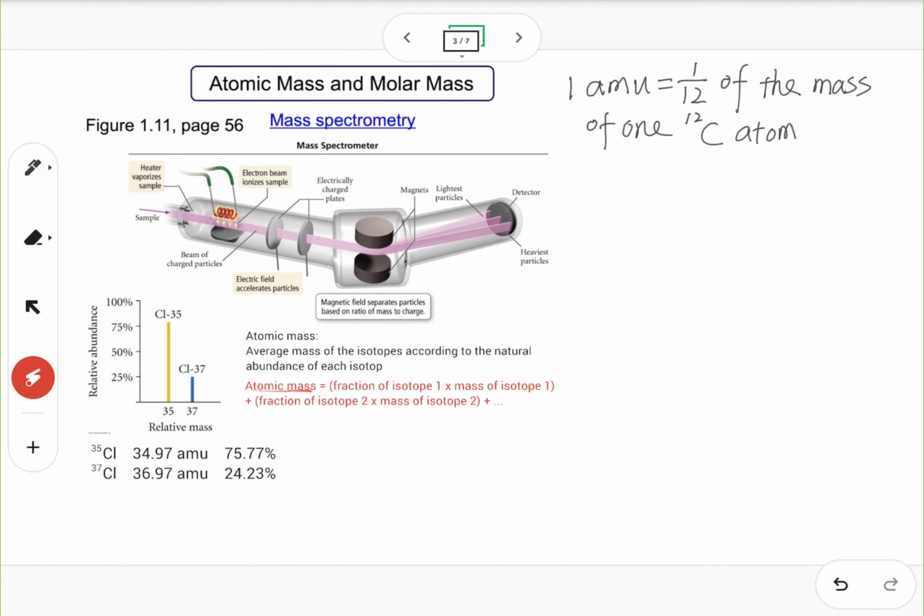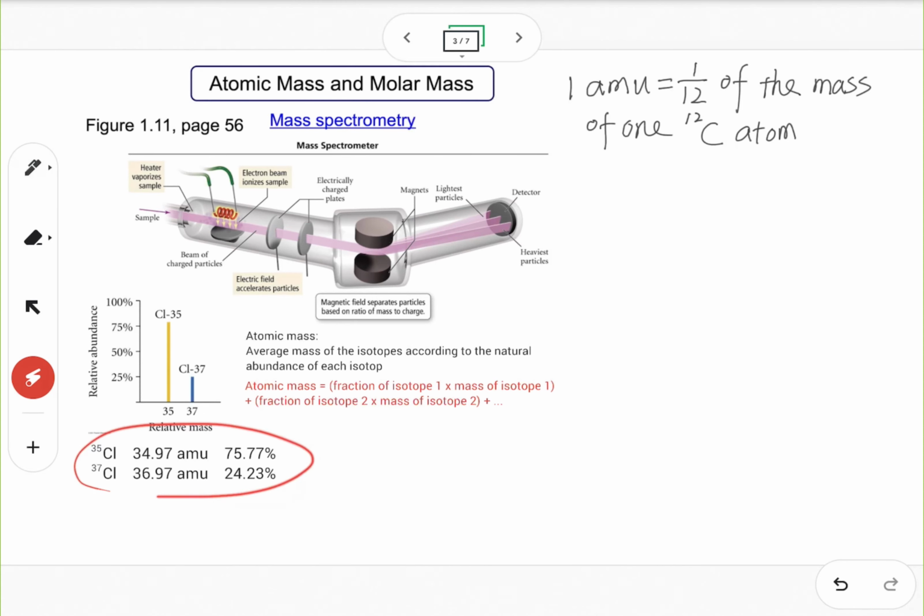Atomic mass for an element equals the fraction of isotope 1, meaning the natural abundance of isotope 1, times the mass of isotope 1, plus the fraction or natural abundance of isotope 2 times the mass of isotope 2. And if you have a third isotope, then you just continue the addition of the fraction of isotope 3 times the mass of isotope 3 and go on.